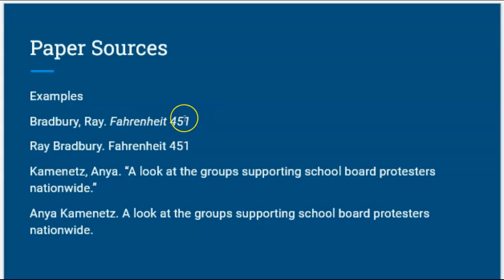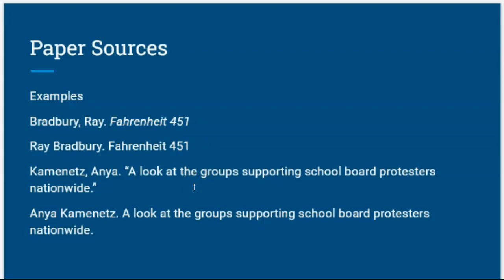Now, for 6th and 7th graders, because this is new, because you're getting used to this, we will accept if you do first name, last name of the author, and then the title of the book that is not italicized. We will still accept that. But we'd like it to get you moving toward using that MLA format.